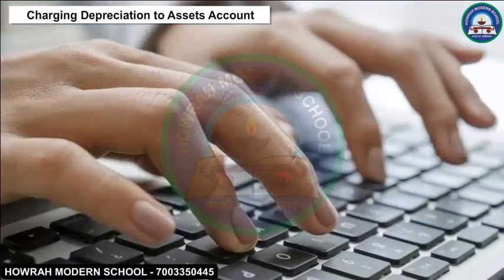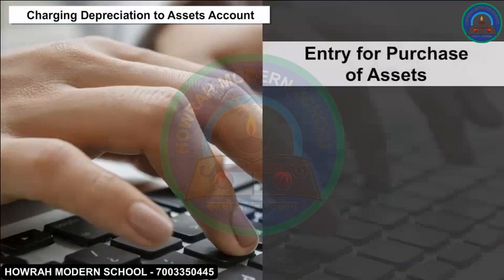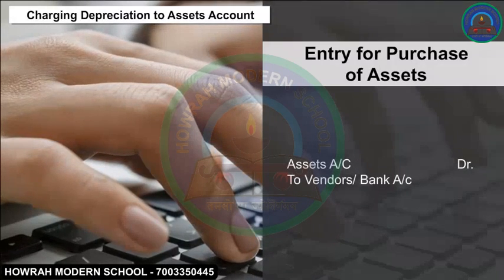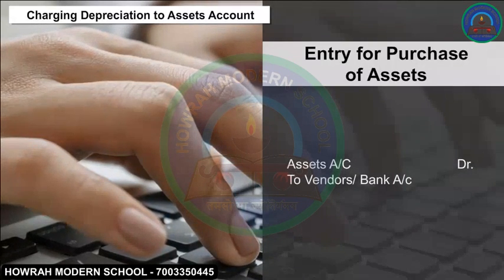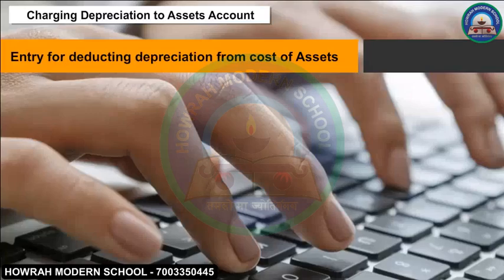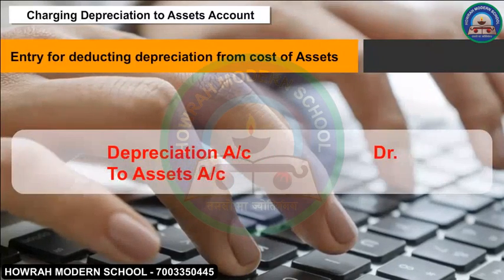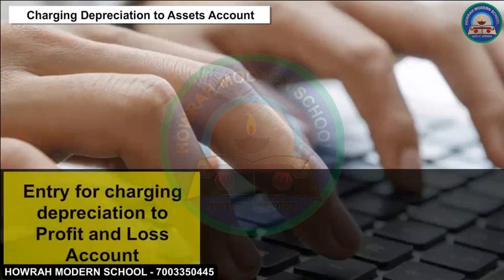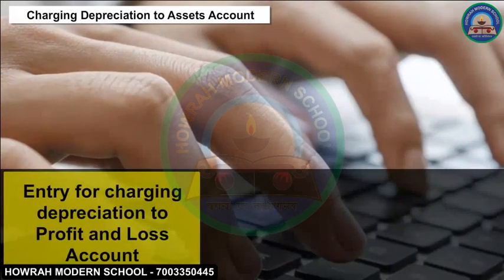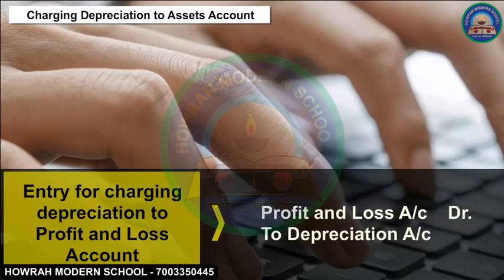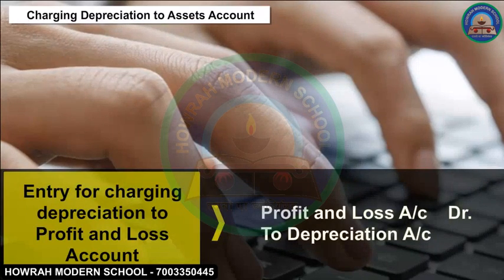The entries in the journal would be: entry for purchase of assets, assets account debit, to vendors or bank account. Entry for deducting depreciation from cost of assets, depreciation account debit, to assets account. Entry for charging depreciation to profit and loss account, profit and loss account debit, to depreciation account.